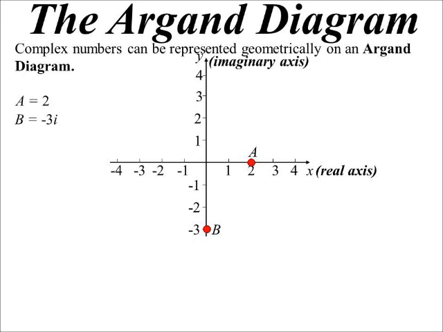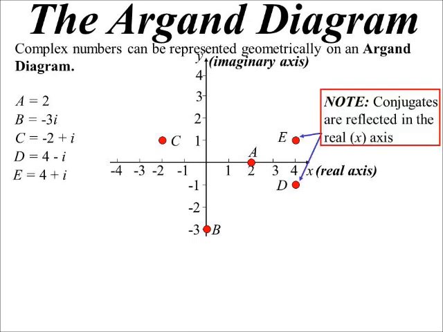And if it's a mixture of the two, just like coordinate geometry, the real part is the x value and the imaginary part is the y value, so C would be the point -2, 1. And there it is, sitting above the real number line. 4 minus i would sit below. There it is, over there. 4 plus i would be above.